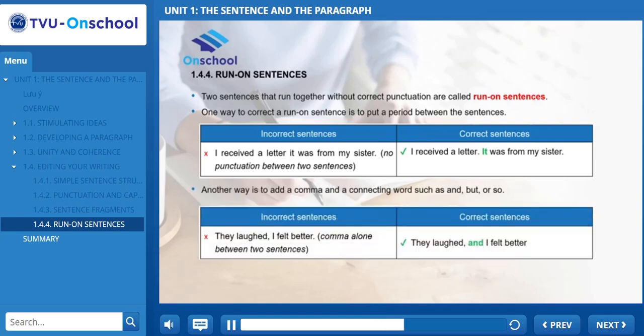Another way is to add a comma and a connecting word such as and, but or so. For example, here on the left-hand side, you can see two run-on sentences. And to correct this problem, we can add a comma and a connector and.